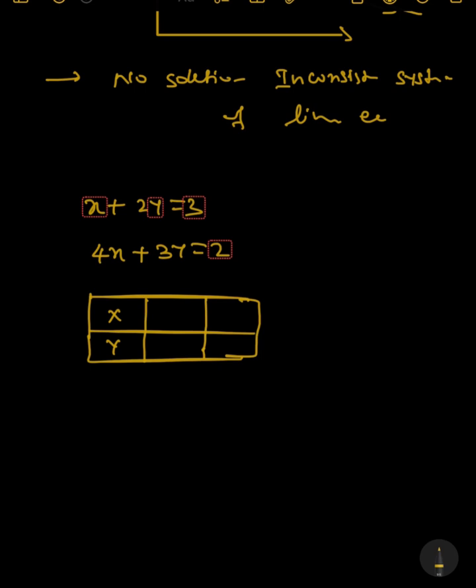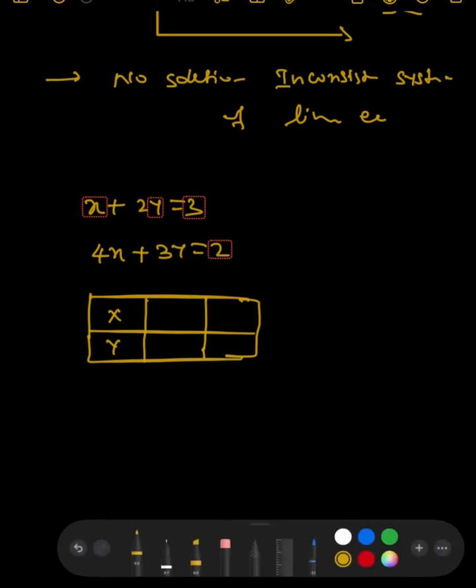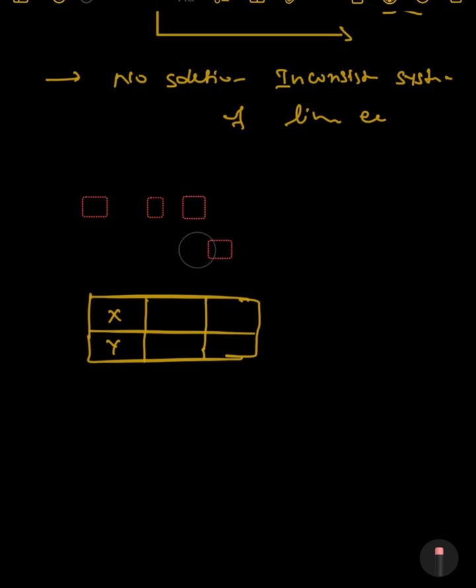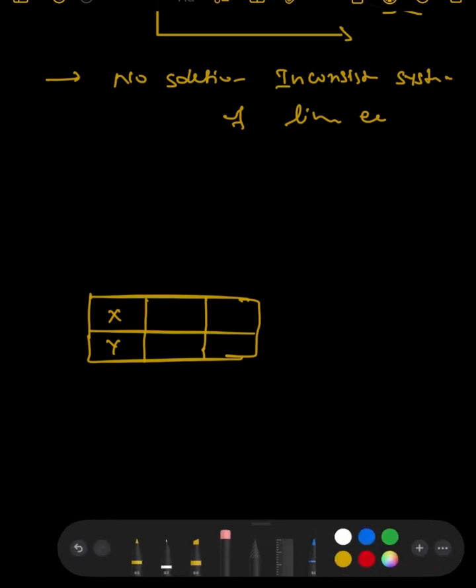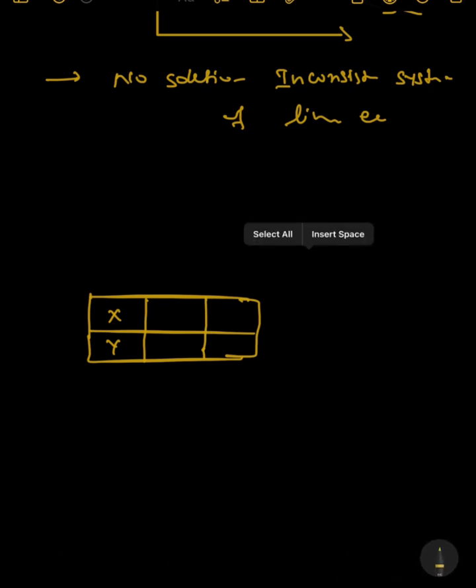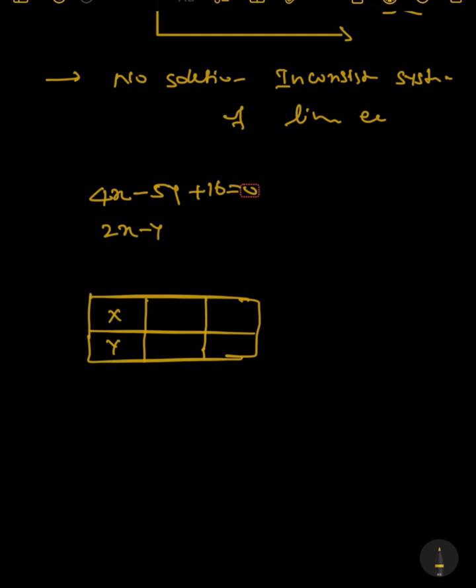For better clarity I am changing the equation: 4x minus 5y plus 16 equal to 0 and 2x minus y minus 6 equal to 0.